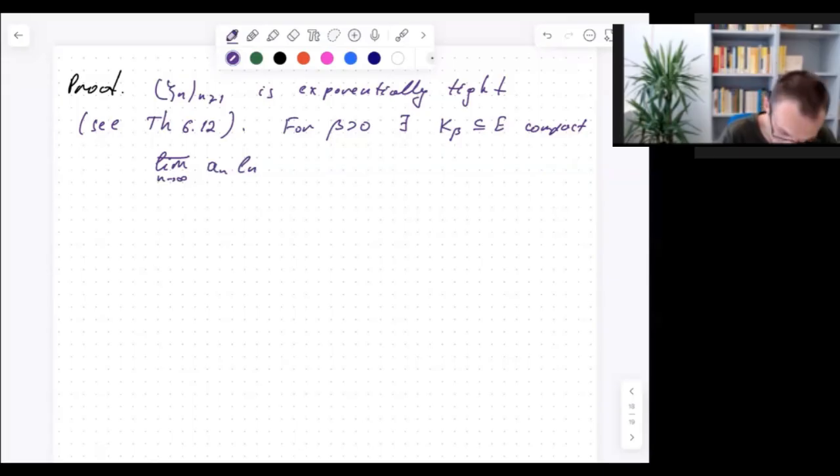The logarithm of the probability that psi epsilon n does not belong to K beta is less or equal than e, and here we will take minus 2 supremum of the absolute value of k minus beta.